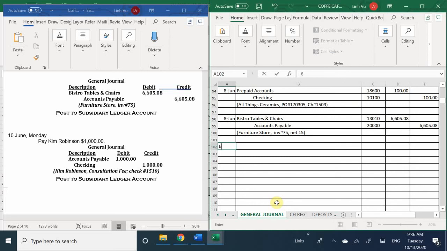Check is always number one because it leaves a paper trail. Okay, so I'm paying Miss Kim Robinson because I owe them $1,000. Because I originally placed this on an accounts payable, I'm making a payment towards it. I'm going to owe less money now, and I'm going to pay them off. So in this case, I'm going to decrease my accounts payable by debiting it, right? I'm lowering my amount that I owe.